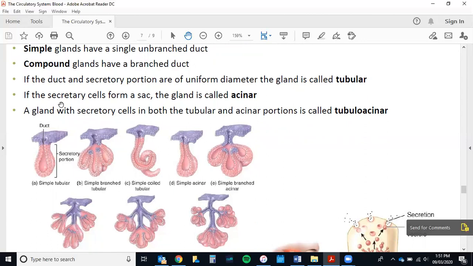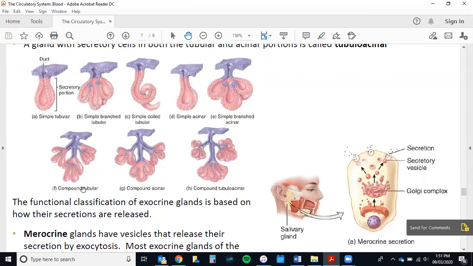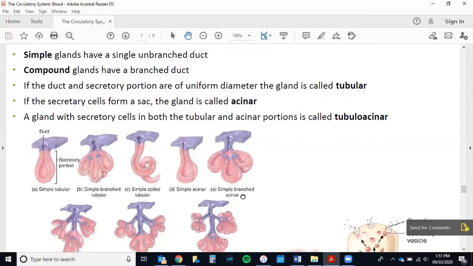The first term will be either simple or compound. Simple glands have an unbranched duct, which in these pictures is the purple, bluish shaded portion. So if it has a branch or not: if it's not branched, it's called simple. If it's got a branched duct, we call it compound.